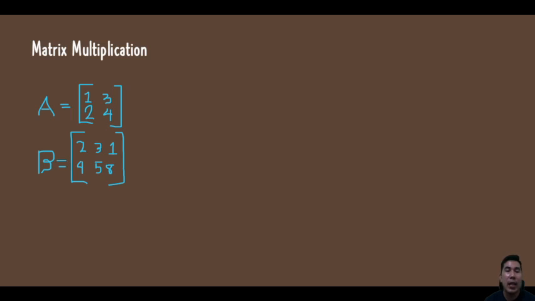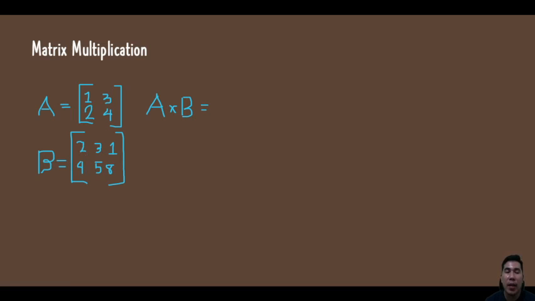As you can see, the A matrix is a 2 by 2 matrix, while B is a 2 by 3 matrix. If we're going to multiply them, can we multiply them? Yes. Why? Because we have two columns in our first matrix, and that is the same as the rows in our B matrix.